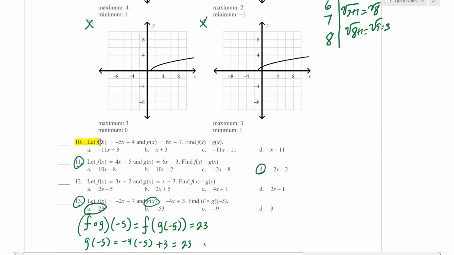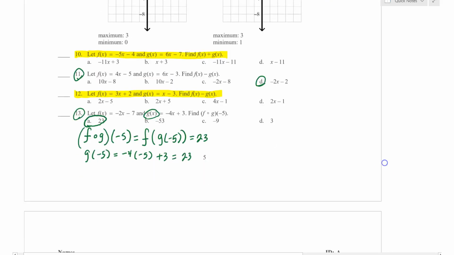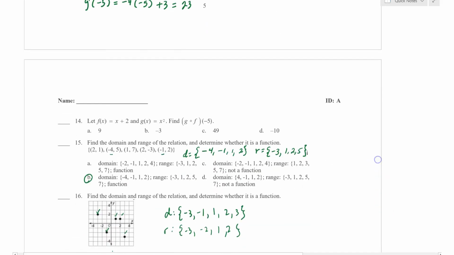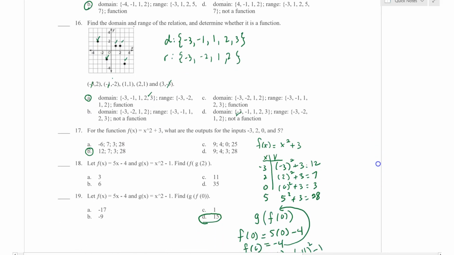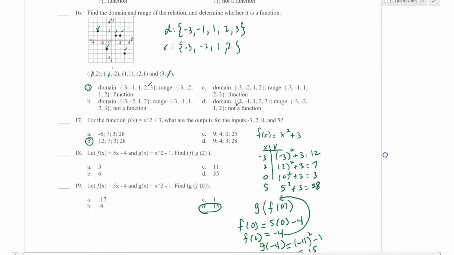You will have to do 10. You will have to do 12. You will have to do 15. I'm sorry, I did 15. You will have to do 14. You will have to do 18.